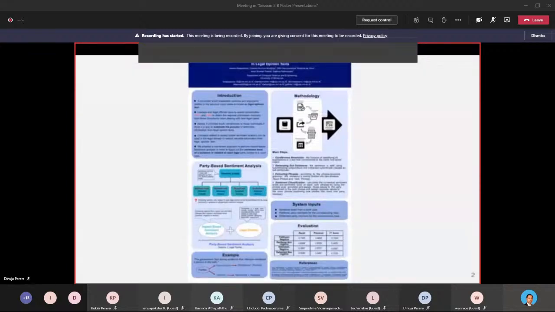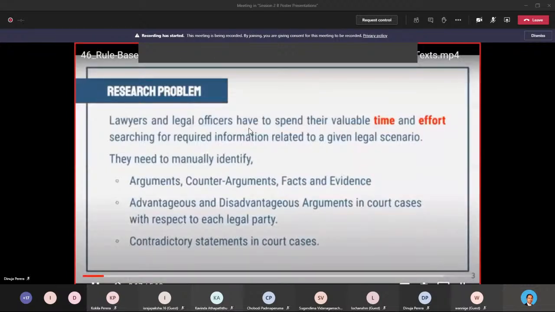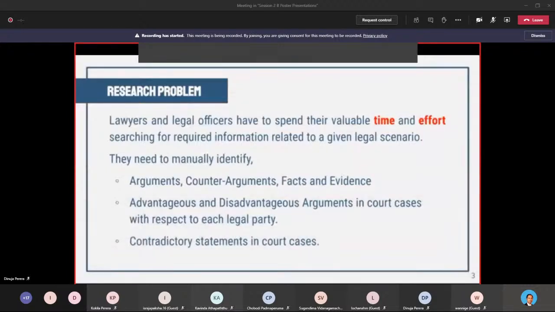When lawyers and legal officers receive a new case, they have to go through all relevant court cases to manually find out some important information like arguments, counter-arguments, facts, evidences, advantages and disadvantages arguments in court cases with respect to each legal party. So this manual process consumes a lot of time and effort. Therefore, as a solution, we introduce an approach for automating this time-consuming manual process.